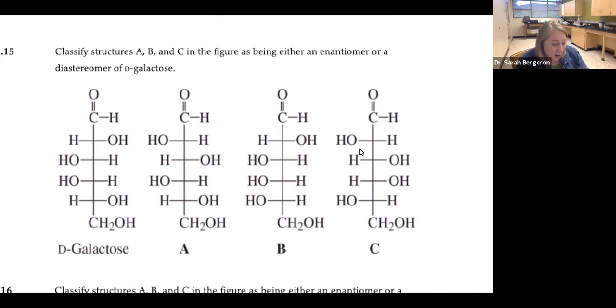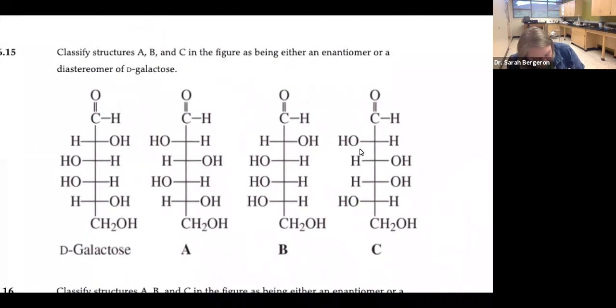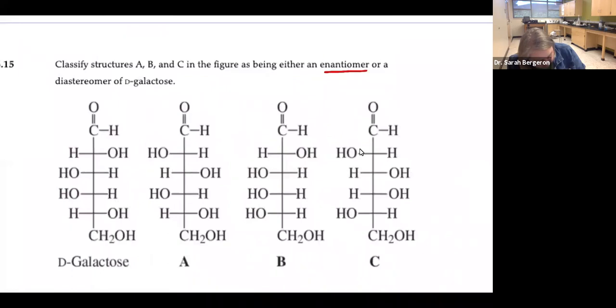All right, classify structures A, B, and C in the figure as being either an enantiomer or a diastereomer. Remember what I said, write yourself a little note so that you know what's what before you do it. If it's an enantiomer, then we know it is a mirror image. If it is a diastereomer, we know it's got all the same groups.